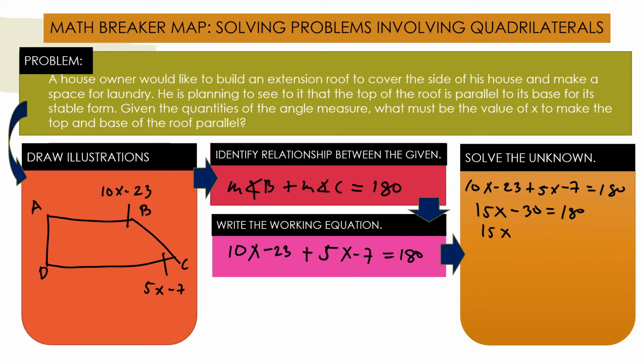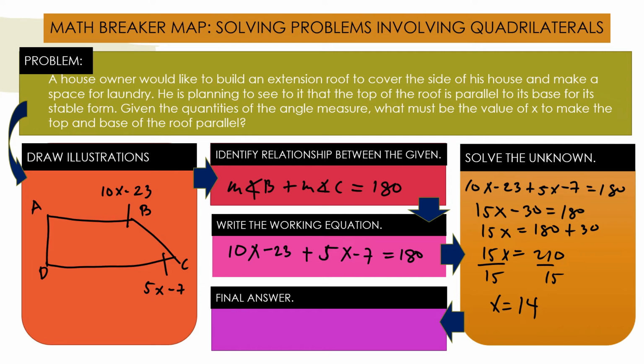So isolating 15x, it will become 180 plus 30, so 15x is equal to 210. Dividing both sides by 15, x will be equal to 14. So the value of x to make the top and the base of the roof of the given extension parallel is 14. X is equal to 14.